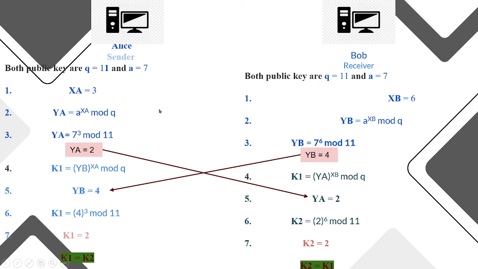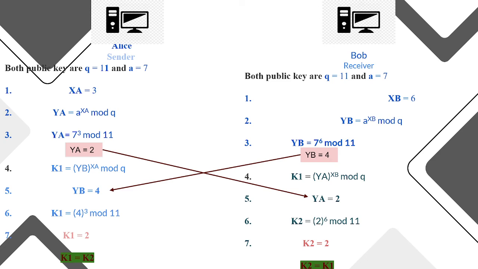It is private to her, and she calculates YA equals A power XA mod Q. If we calculate this, with A equal to 7, XA equal to 3 and Q equal to 11, the result is YA equals 2.